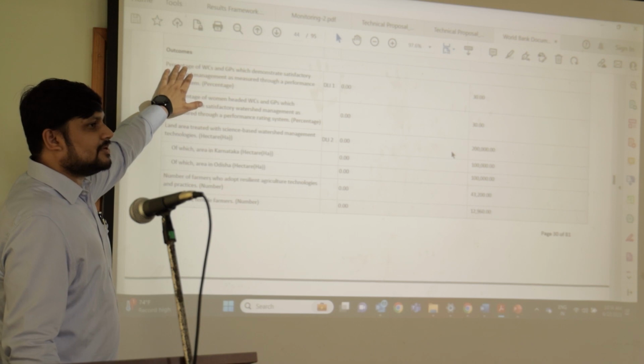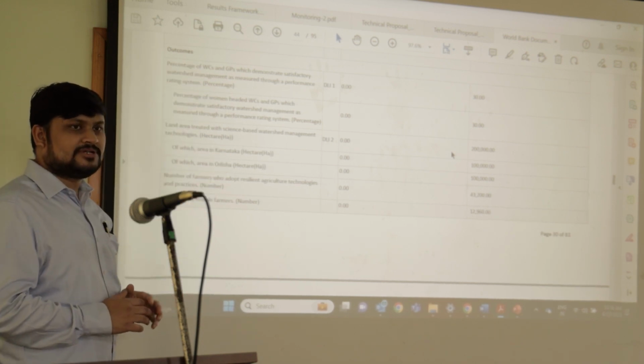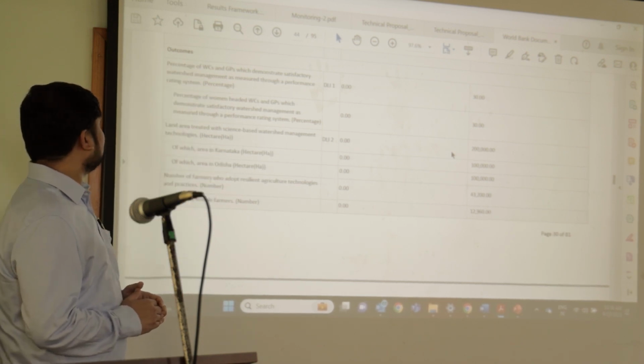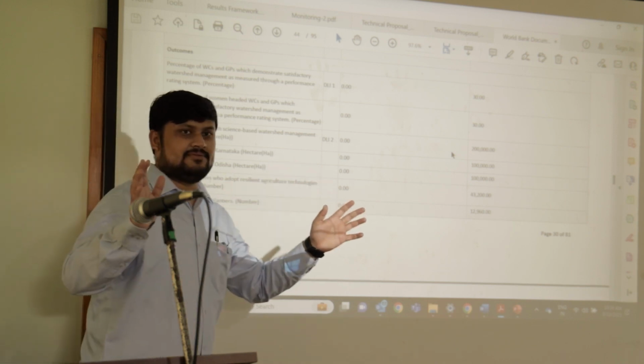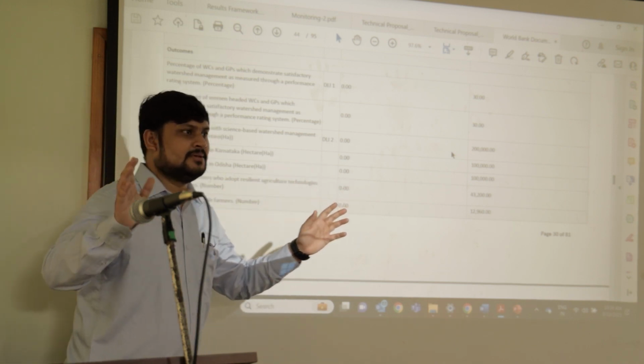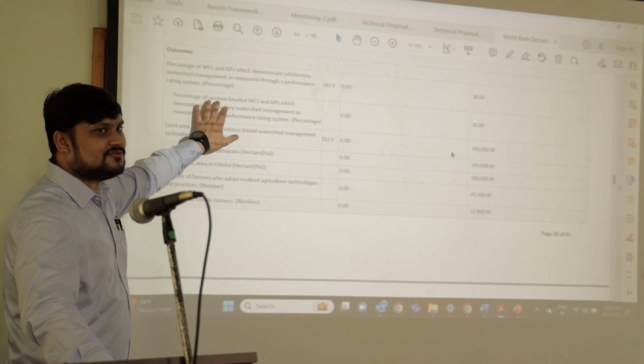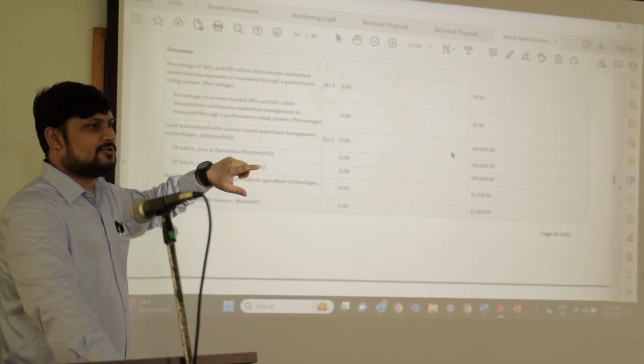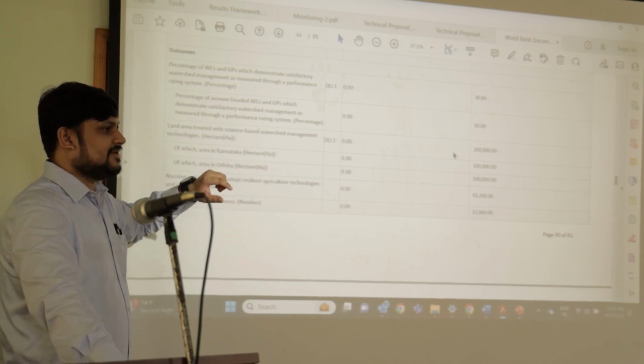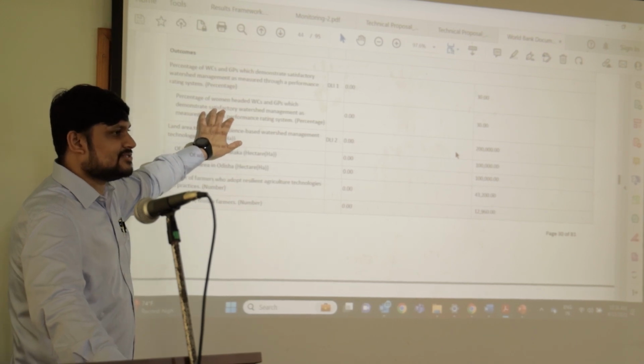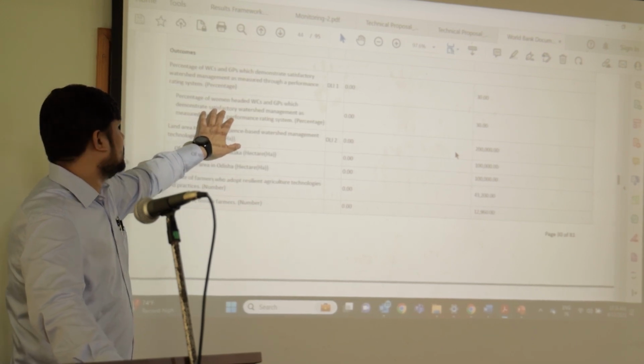Earlier we were talking about the performance rating system at an aggregate level, at an overall level. Now we are talking about percentage of women that are contributing to the watershed committees. So that is a sub-indicator in the results framework.